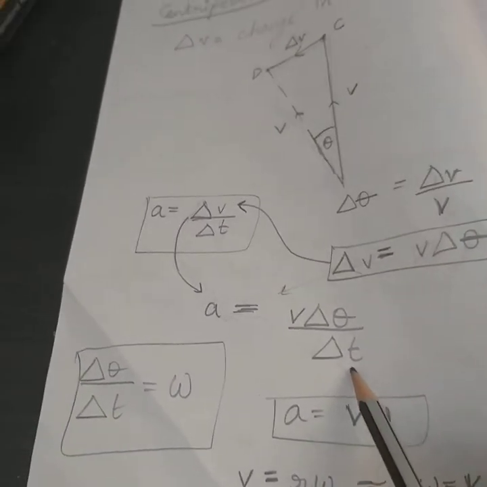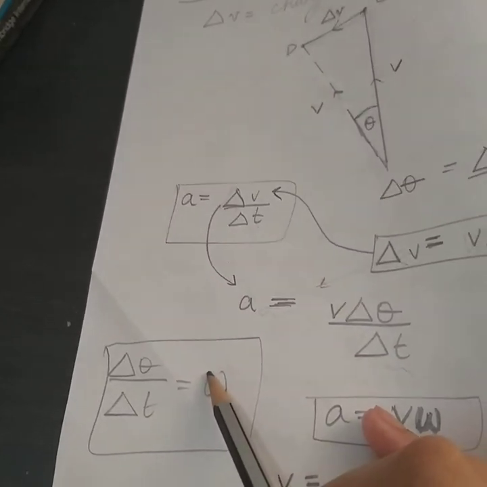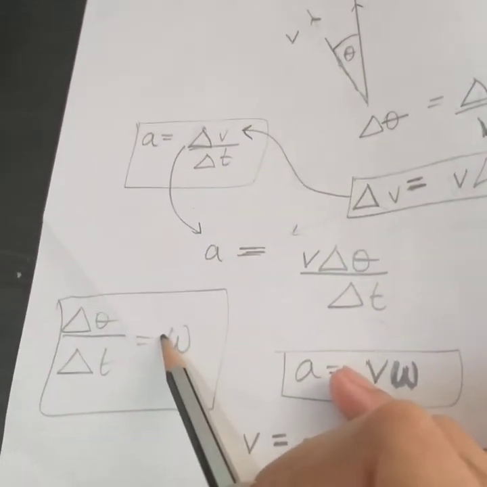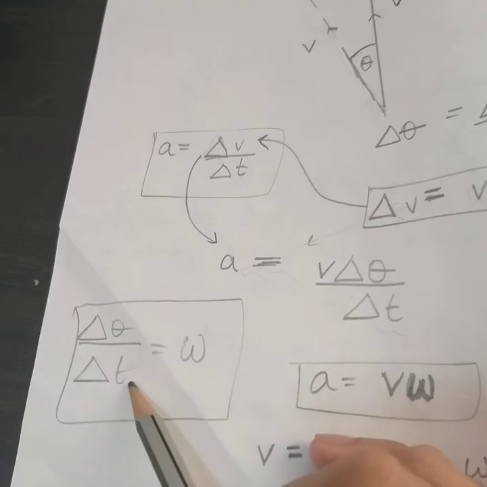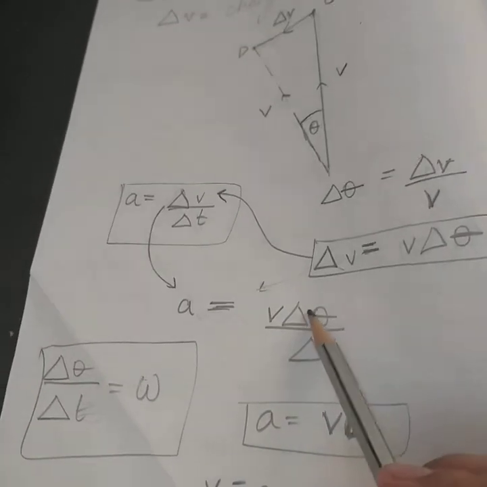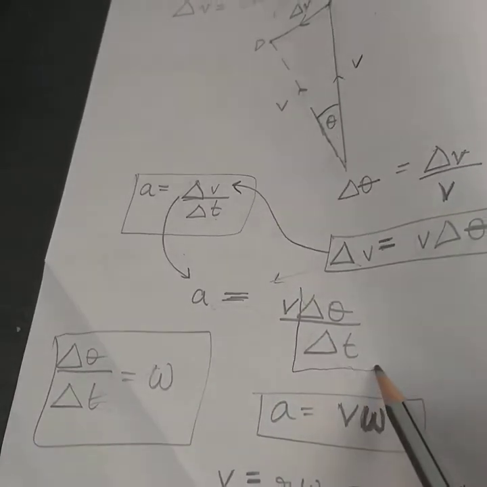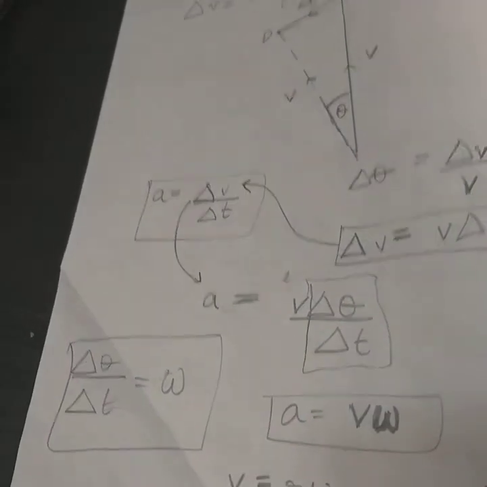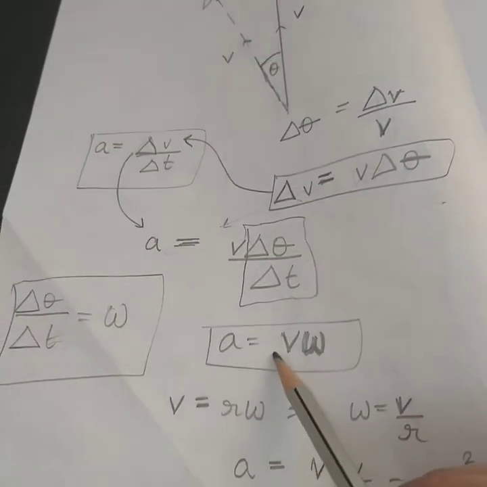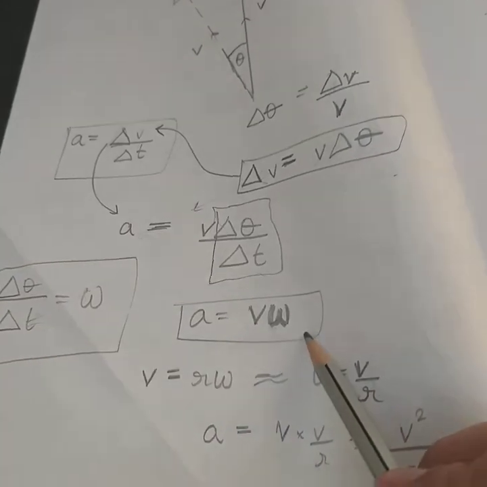It was already explained that omega, our angular velocity, is equal to delta theta by delta t. So this is exactly what's happening here. Delta theta by delta t is our omega, for which we'll write acceleration is equal to velocity into omega.